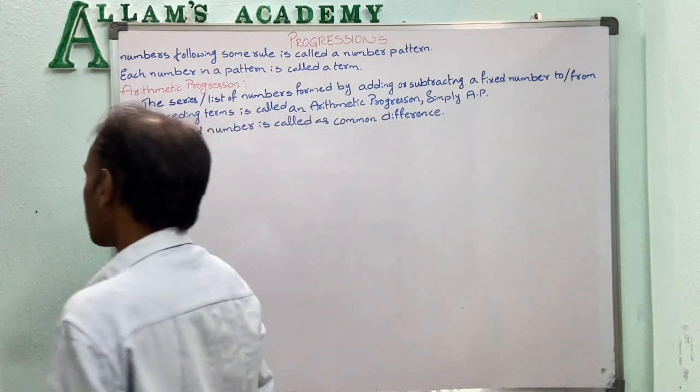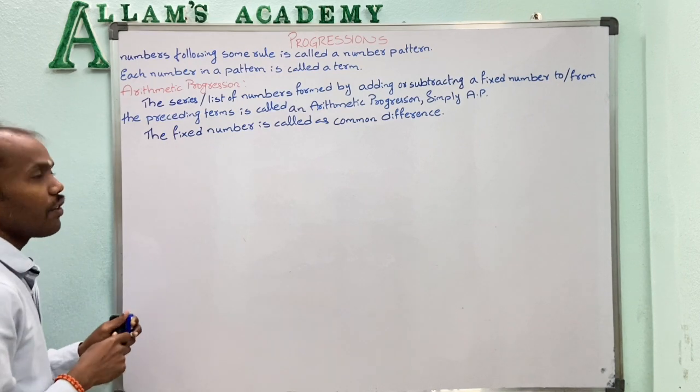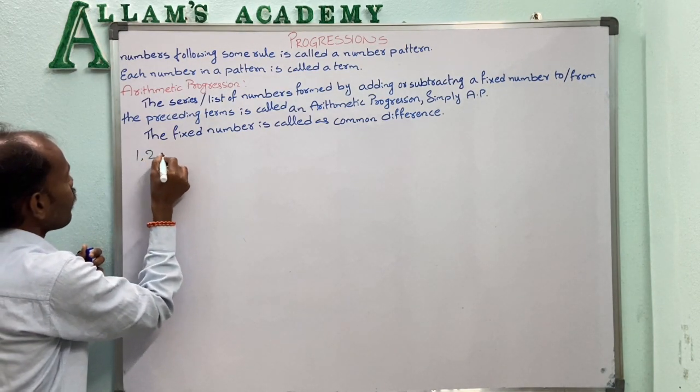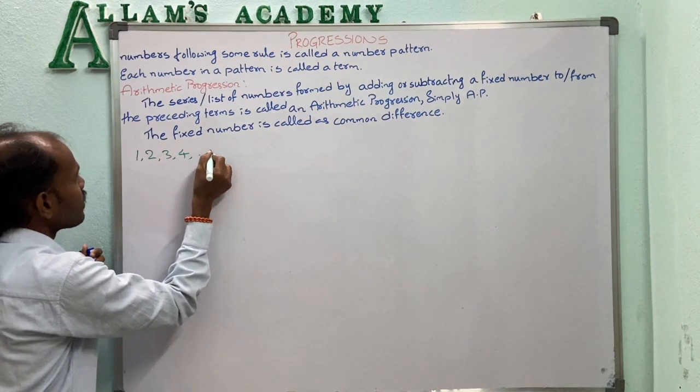Now let us see some examples. Arithmetic progression 1, 2, 3, 4, and so on.